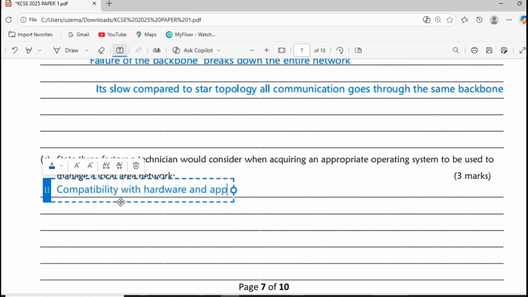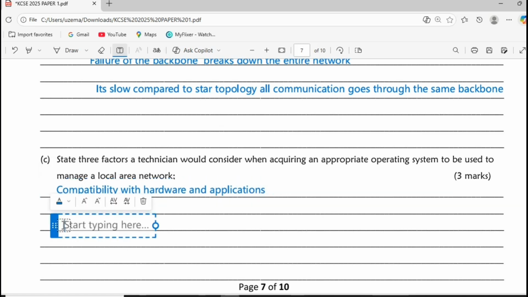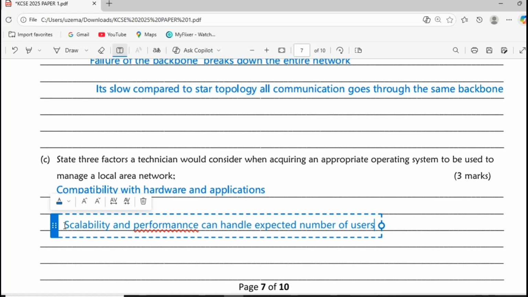Part D, as a technician, what are factors to consider when acquiring an operating system to be used on the local area network? One factor to consider is compatibility. The operating system should be compatible with the hardware and the software that it's going to work with.